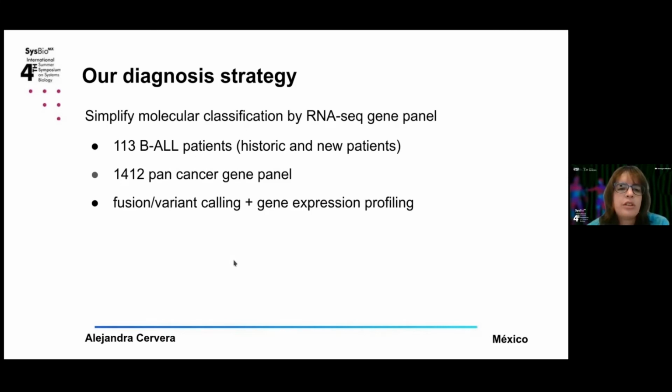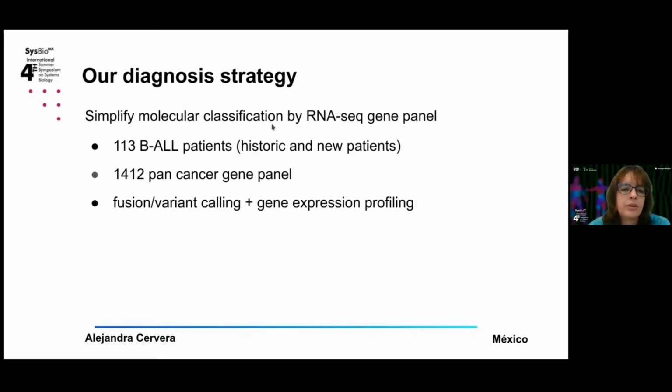Our diagnosis strategy, or what we're doing in this project, is to try to simplify all those assays into using one RNA-seq gene panel. So the idea of not using whole transcriptome is to lower costs, and using RNA-seq perhaps allows us to classify the most patients with one test.